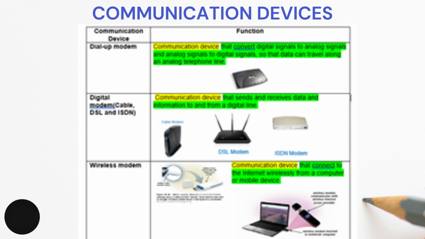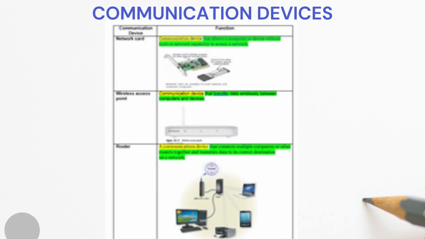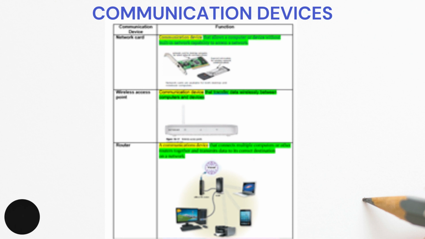Then we move on to the wireless modem. A wireless modem is a communication device that connects to the internet wirelessly from a computer or mobile device. Then we go to the next communication devices where we have the network card, the wireless access point, and the router.